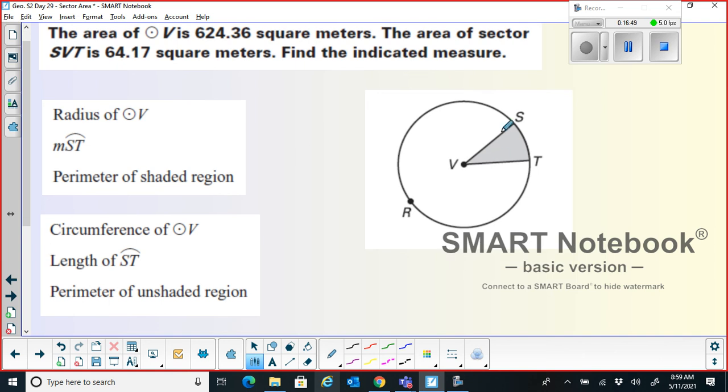They are asking us to find the radius first, then arc length, then perimeter of the shaded region, circumference of circle, length of arc ST. Here you are finding the central angle made by this particular arc ST. Here you are finding the length of arc ST and the perimeter of unshaded region. Okay, please find all of these 6.